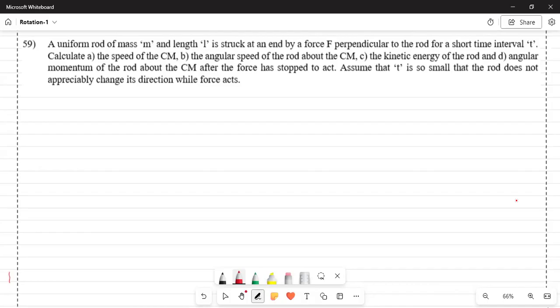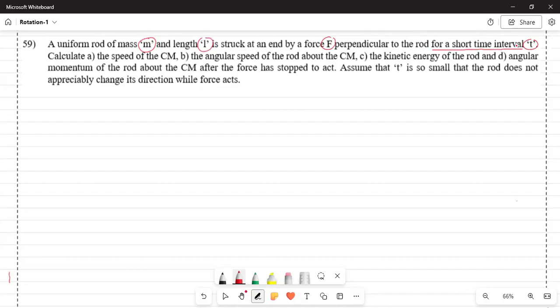It says a uniform rod of mass M and length L is struck at an end by a force F perpendicular to the rod for a short time interval T. Now, as I said earlier, this phrase "for a short time interval T" means this is a problem of impact of the force.